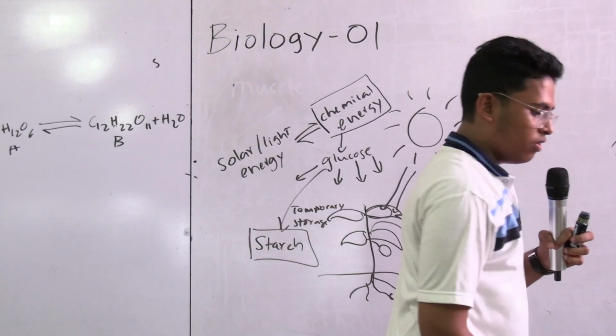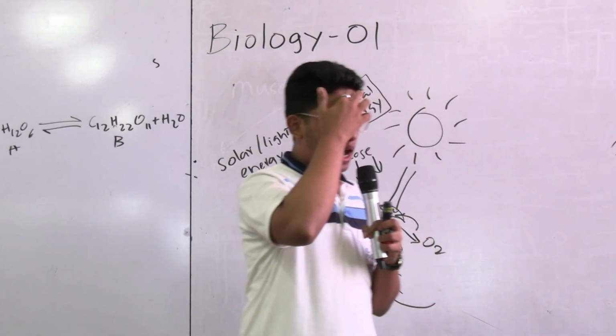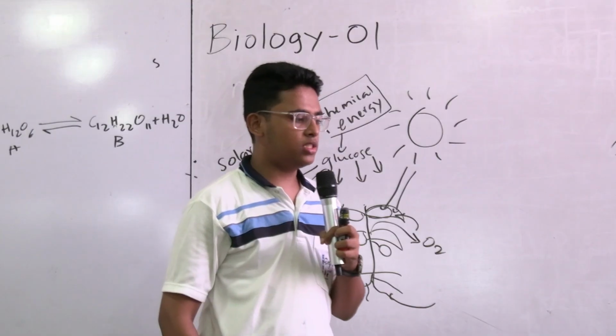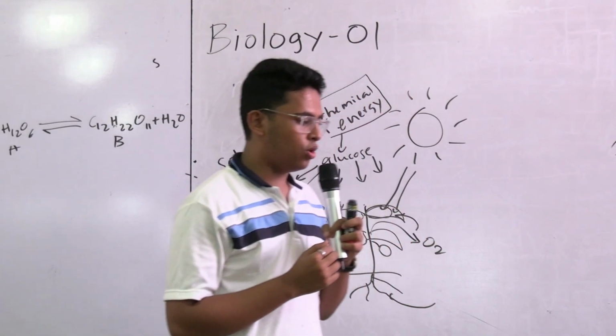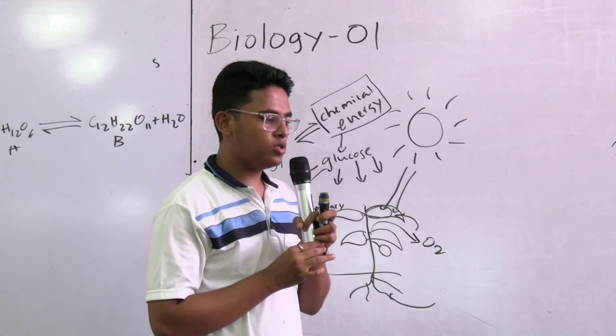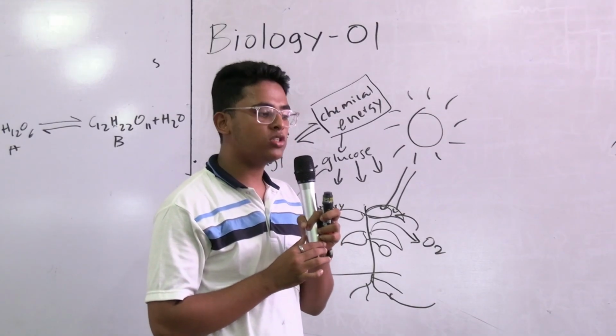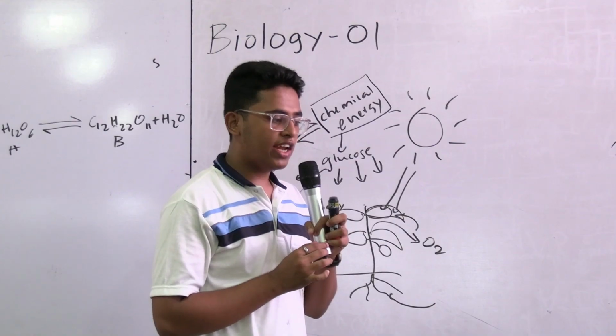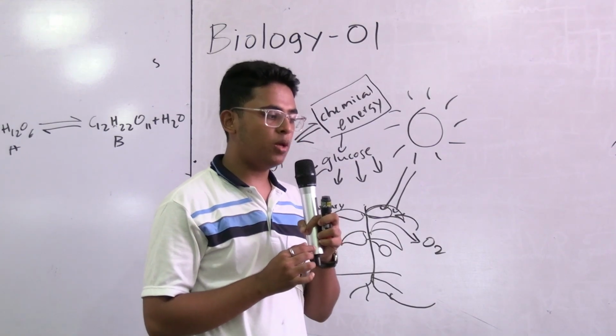A plant leaf with white and green colors, attached to the plant, was set up as follows and kept in an open place. After 2 days, the leaf was detached from the plant and tested for starch. After the test, in which of the following ways would the leaf appear?